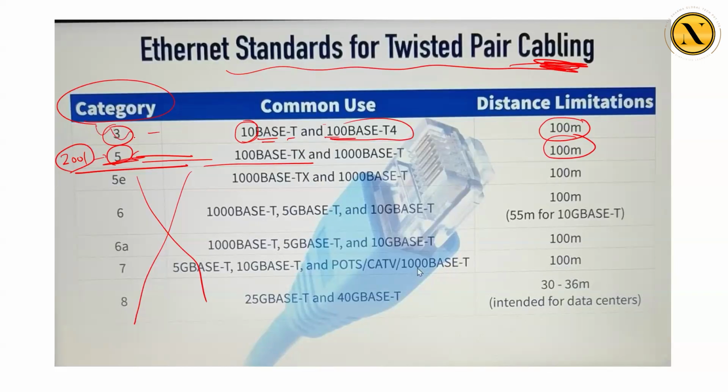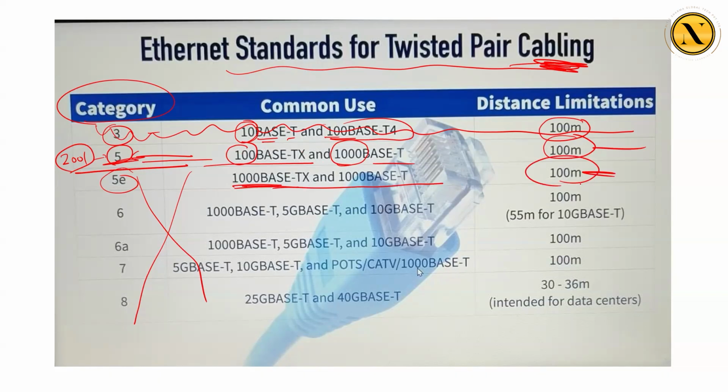But forget Cat 3. I had nothing to do with Cat 3 because we were working on Cat 5. That was 100 Mbps, of course. This is the standard, and of course 1000 is also there in Cat 5. Then came Cat 5e, which is basically the gigabit standard, 100 meters maximum.